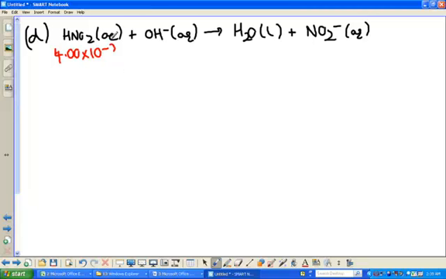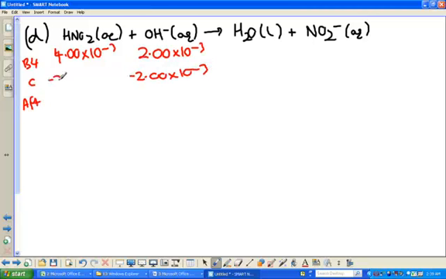So for half of my acid to be used up, I must have used this number of moles of base. Okay? So if we have before, change, and after, my change here is going to be this.